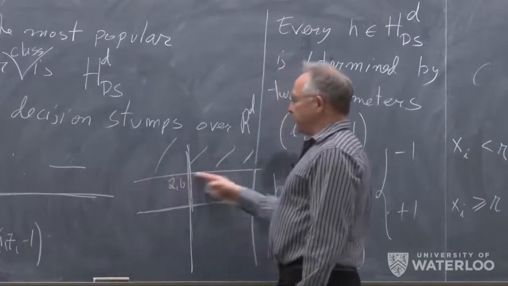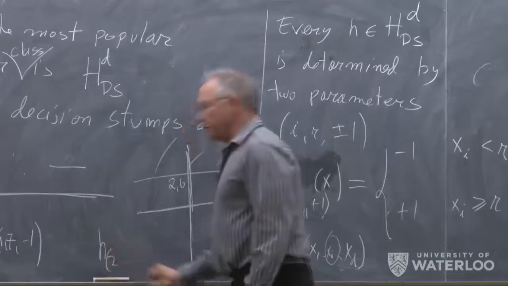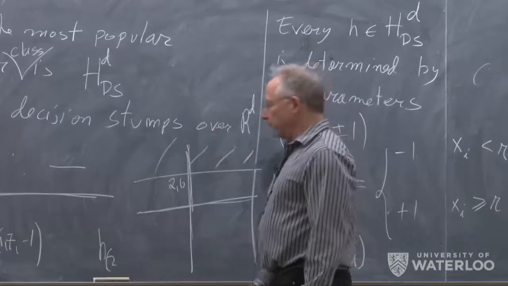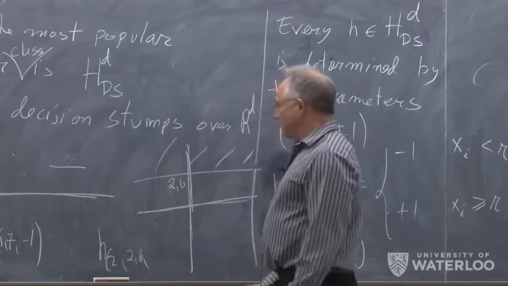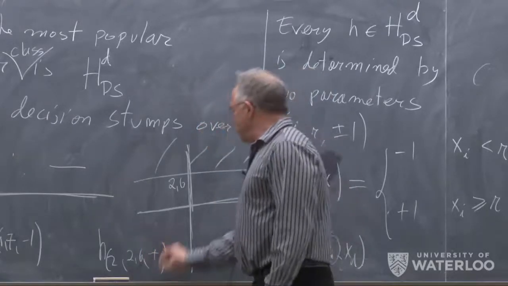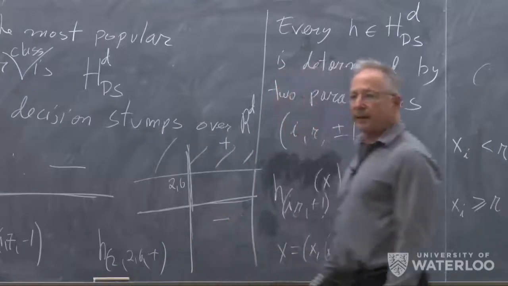So what was this classifier? This classifier was h2, because I projected on the second coordinate. My threshold was 2.6. And my label was plus, because above it I signed it as plus, and below it I signed it as minus.